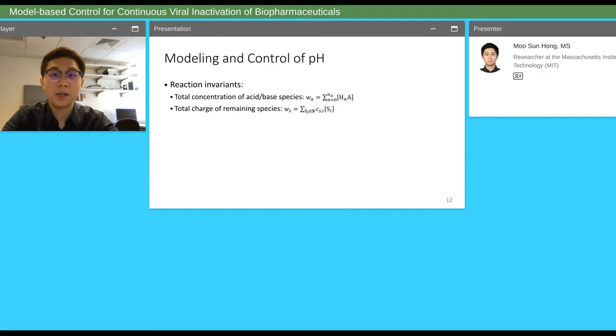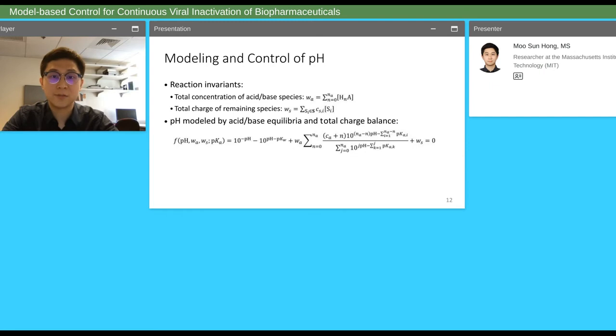To start with, modeling and control of pH: fast and accurate control is necessary for rapid inactivation while minimizing impact to product quality. For this, a first principles pH model was developed with reaction invariants, which are total concentration of acid-base species and total charge of remaining species.